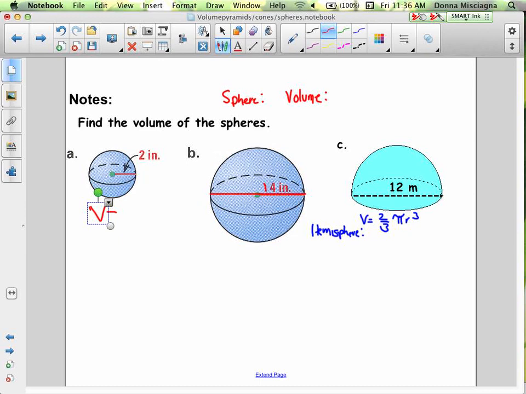All right, so volume equals 4/3 pi r cubed, and in the last lesson, we derived that. All right, so I'm going to have somebody tell me what to write. They're going to fill in the blanks here.